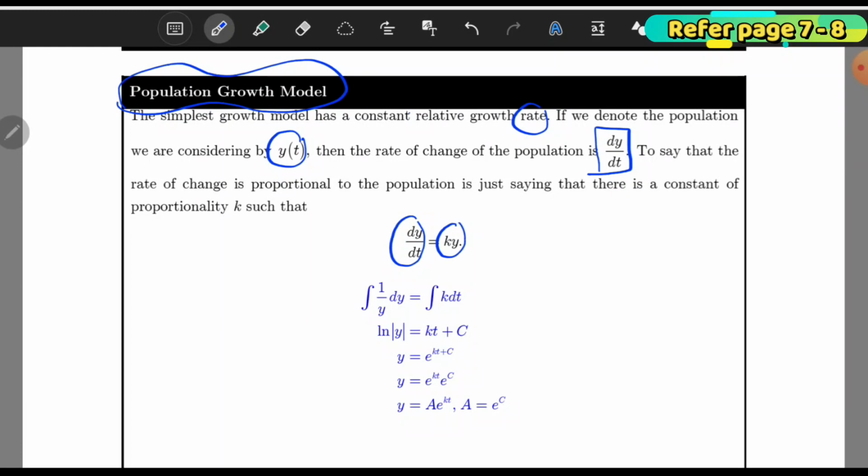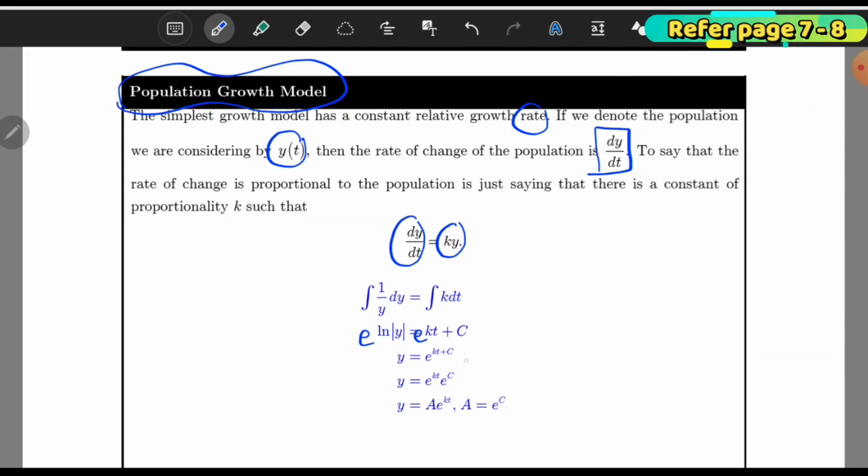We have dy/dt on the left, ky on the right. We have two terms only, so we can try to separate the variables. We can write 1 over y dy equals integrate k dt. By integrating both sides, we will get ln y equals kt plus c. By taking exponent for both sides, we will get y equals e to the power kt plus c.